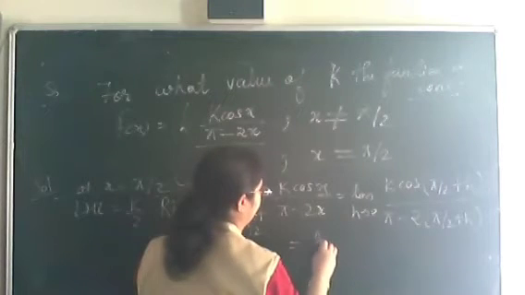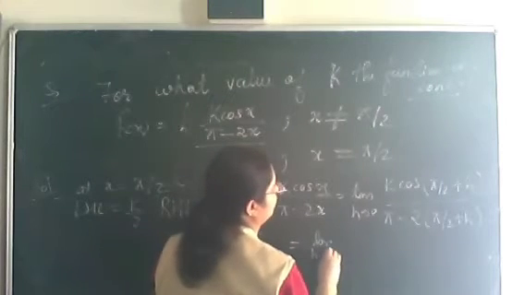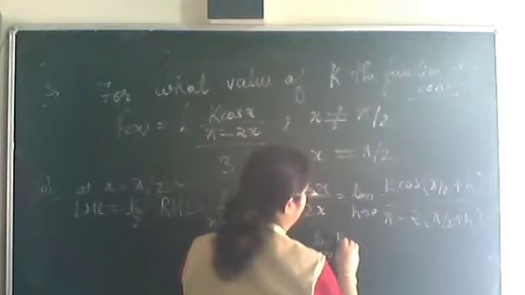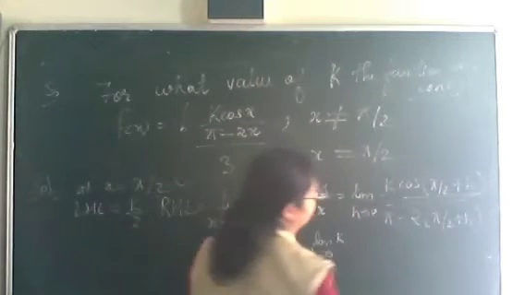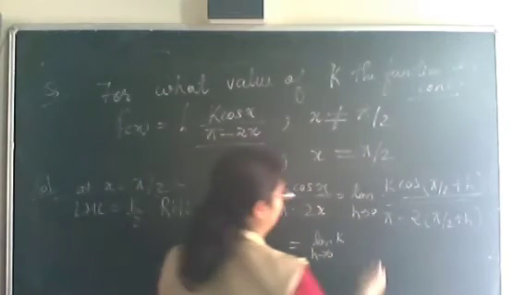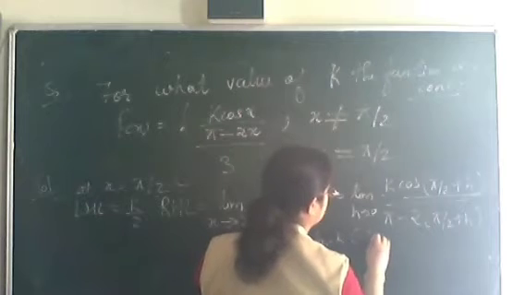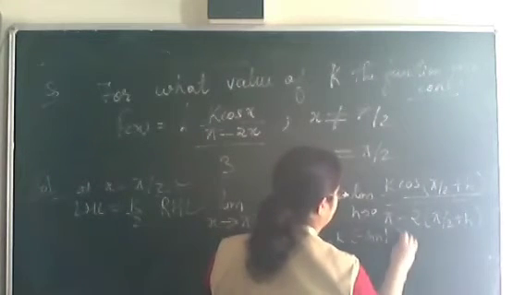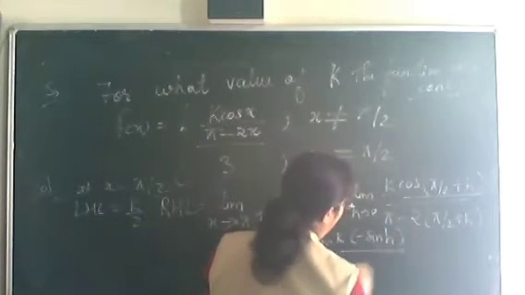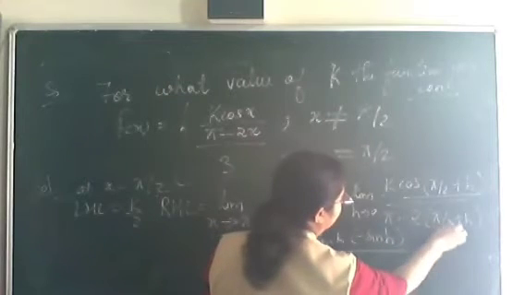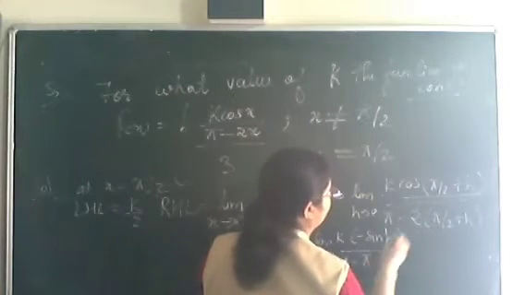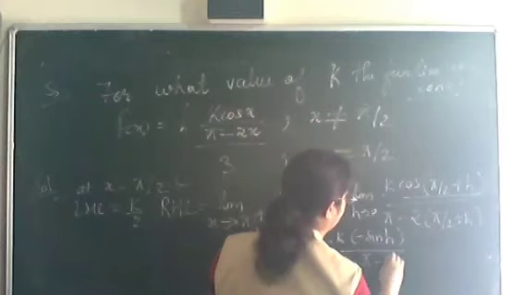Now it will be what? Limit h tending to 0. Again k will remain as it is. What is cos 90 plus theta? Cos 90 plus theta is minus sin theta. So minus sin h upon, again you will have pi minus 2 times pi by 2, which is pi minus pi minus 2h.